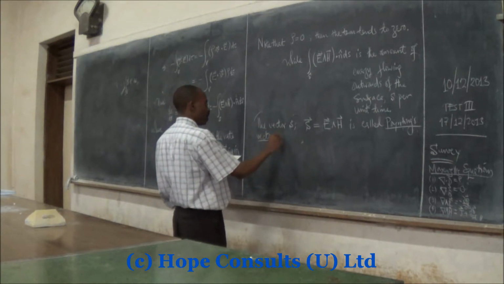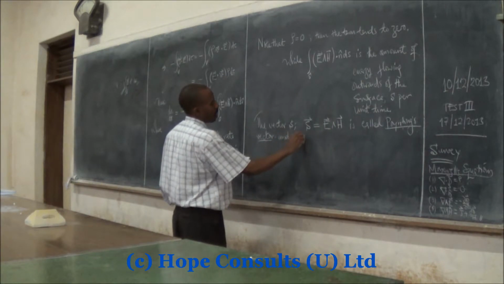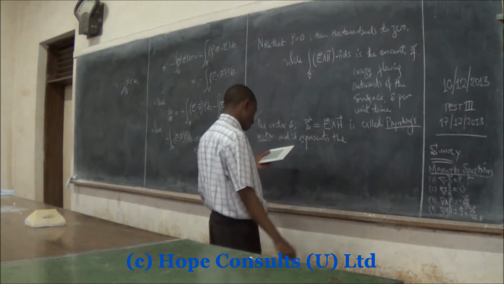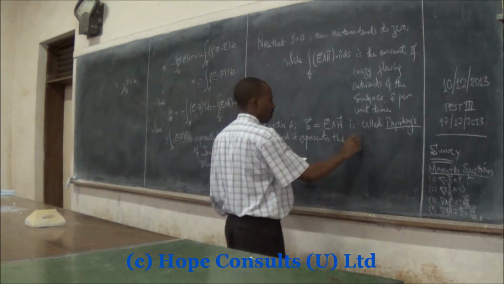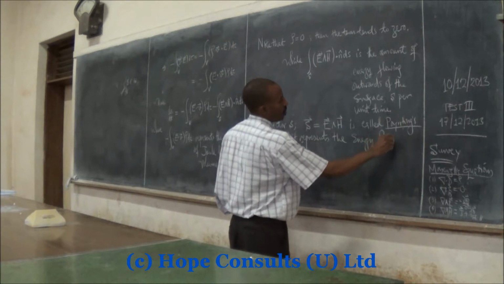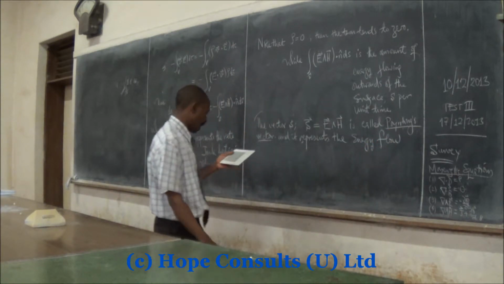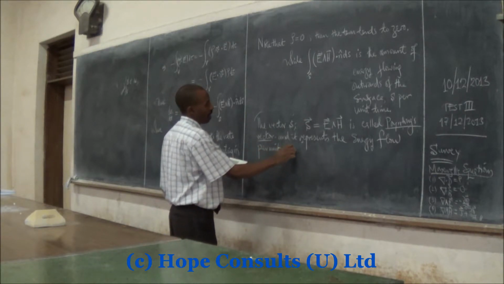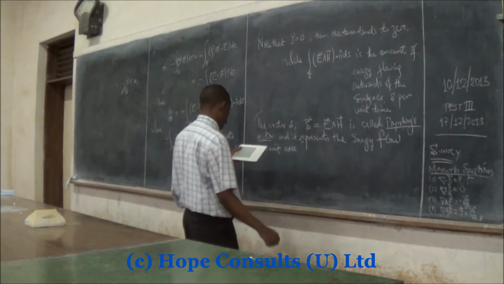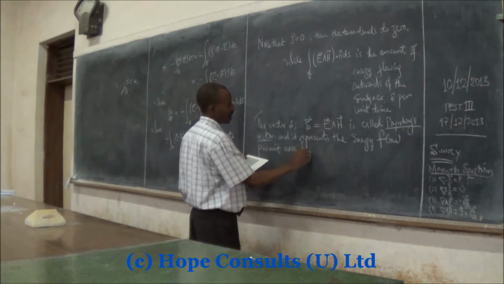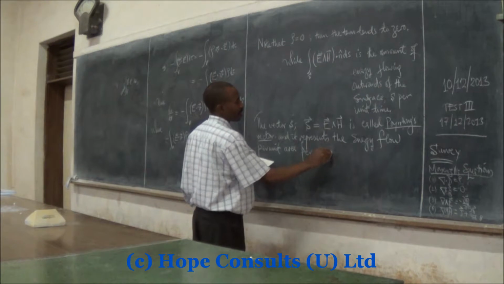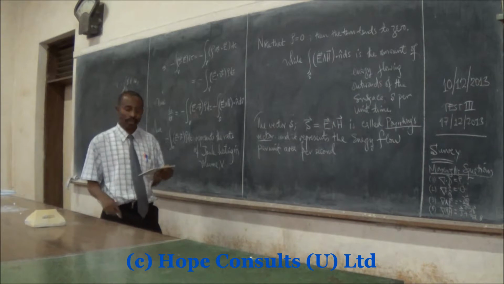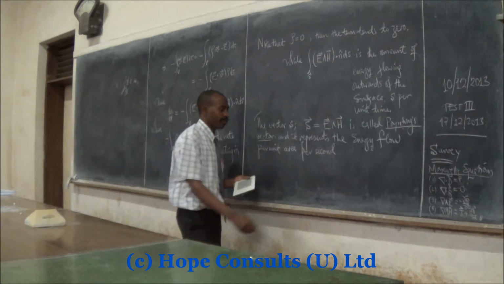And it represents the energy flow per unit area per unit second. Is it a unit second or per second? I think second is almost the smallest standard unit, so we can't say unit second. So per second at every point.